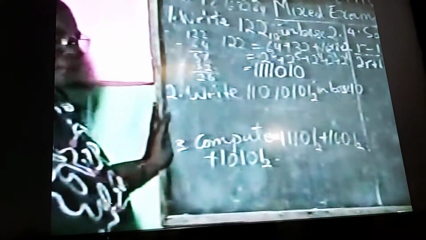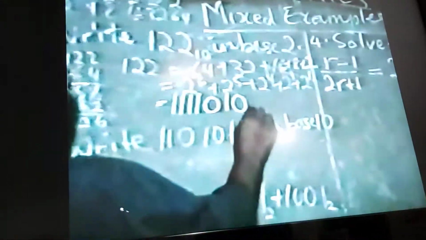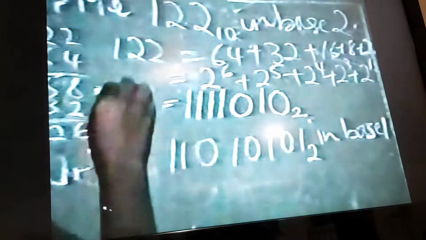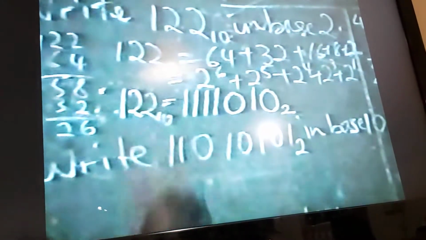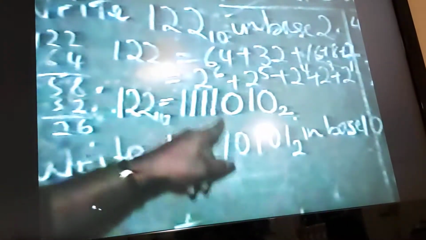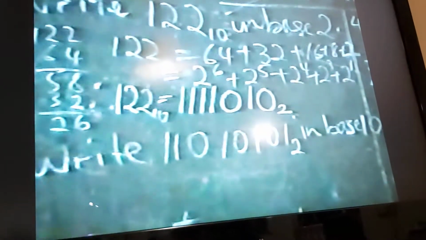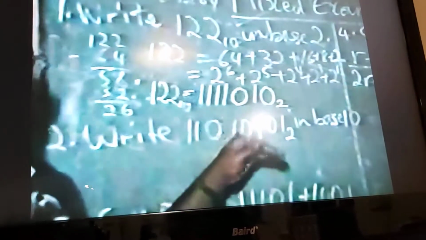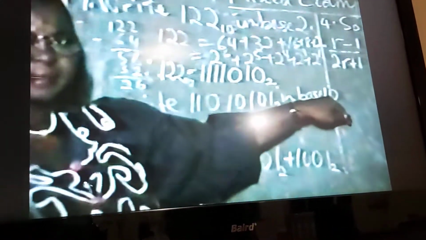And finally, we stop at 2 raised to power 0, which is 0, because there is no 1. And so 122 base 10 is 1111010 base 2. Number 2 is asking you now to convert from base 2 to base 10.